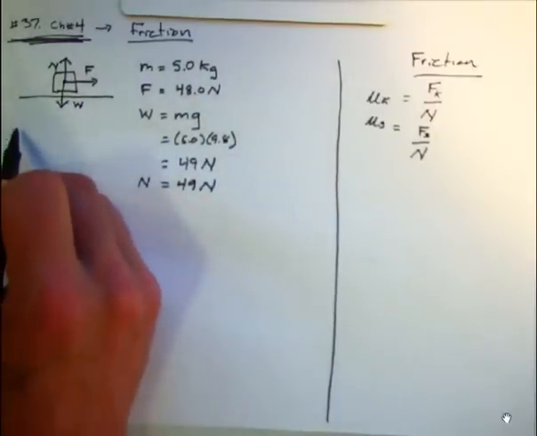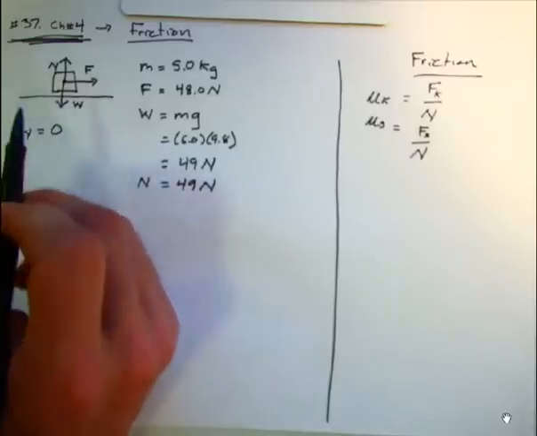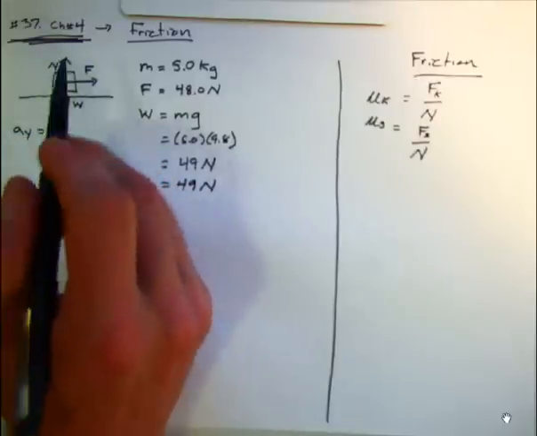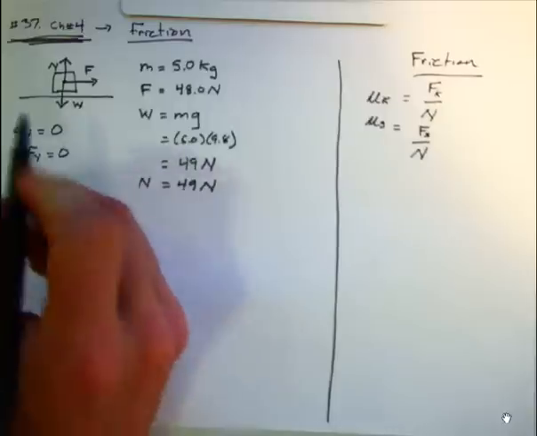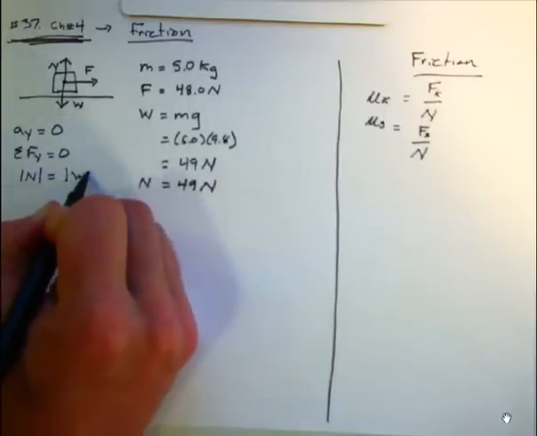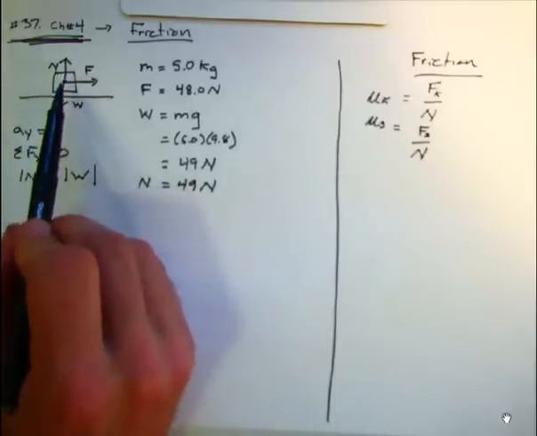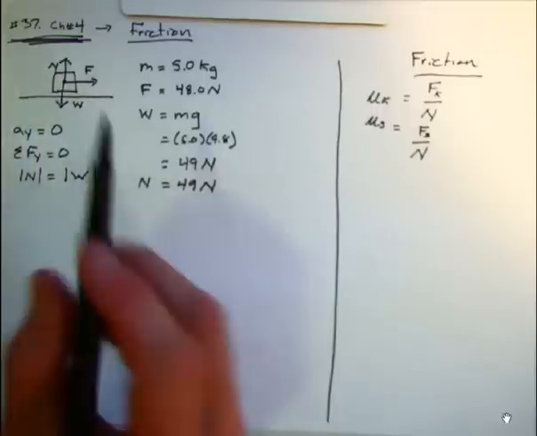The acceleration in the y direction is 0. This box is neither accelerating upwards nor downward. Therefore, the net force in the y direction must be 0, so in magnitude, the normal force must equal the weight. The force of the weight down is counteracted by the normal up.